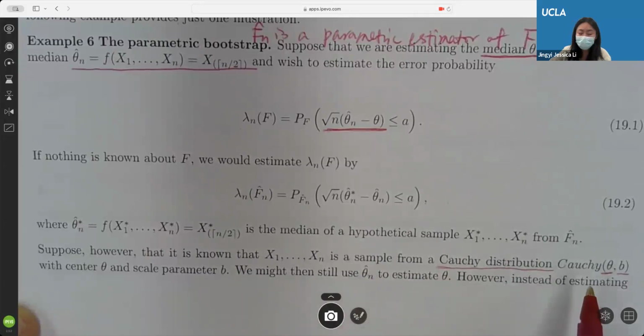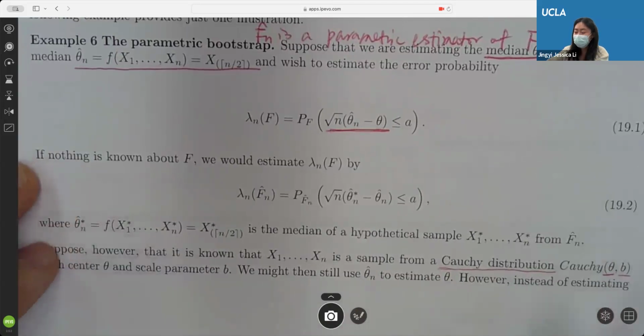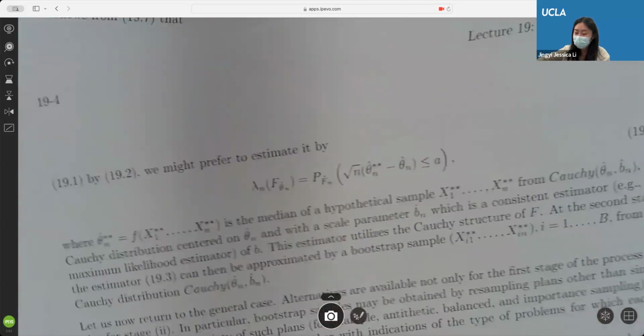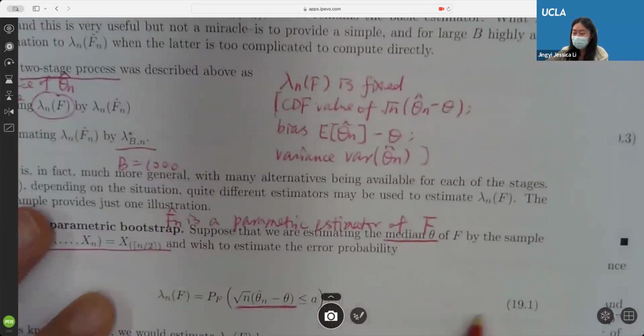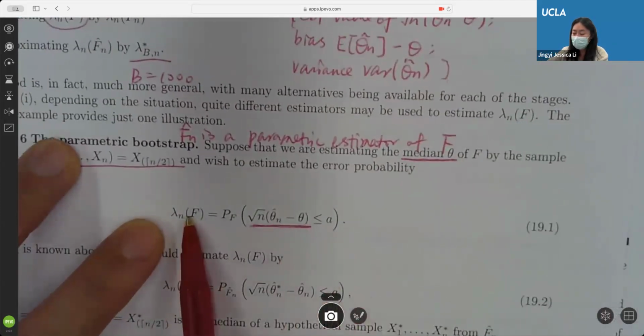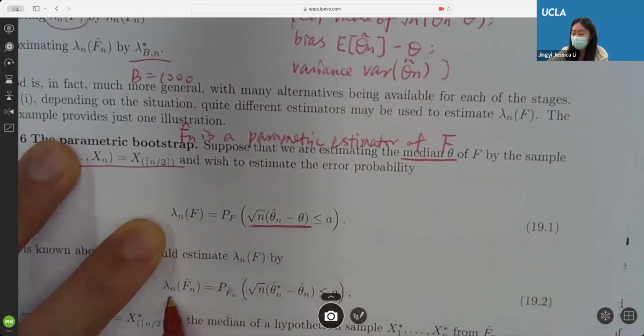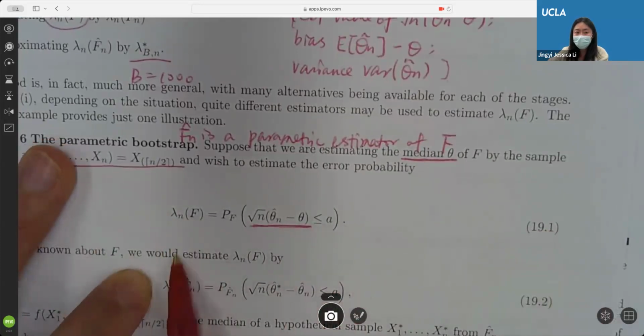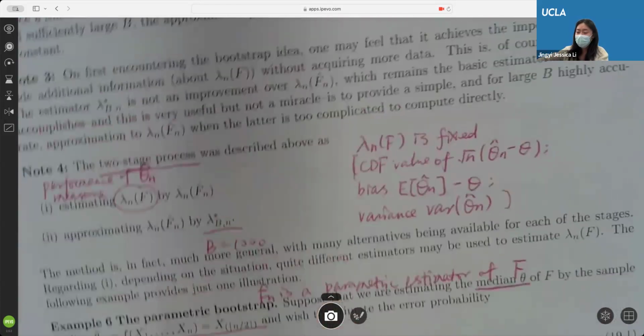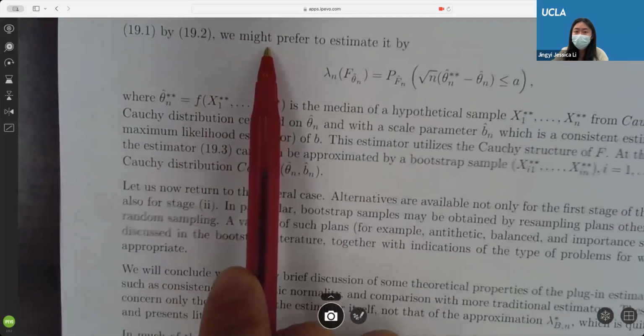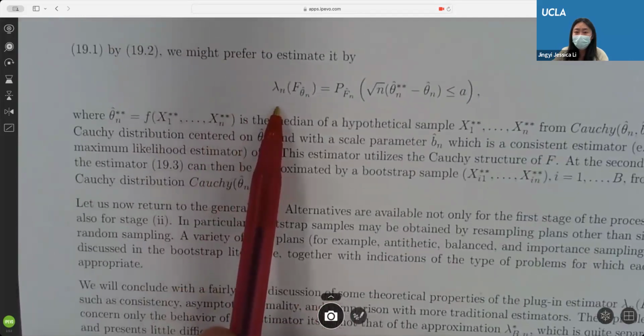However, instead of estimating this 19.1 by this 19.2, which is the non-parametric version, you might prefer to estimate it in the parametric way.